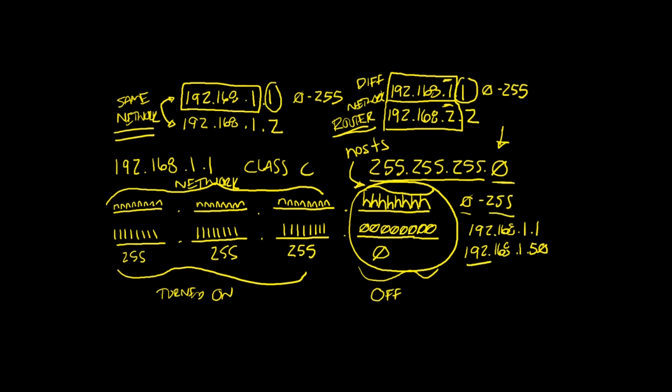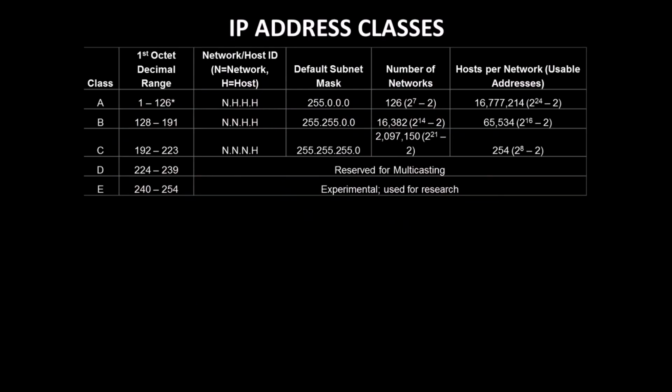Because their subnet mask locks in this right here, these are the same network. They are within the same range. And so these 2 IP addresses here will be able to talk to each other without the use of a router.